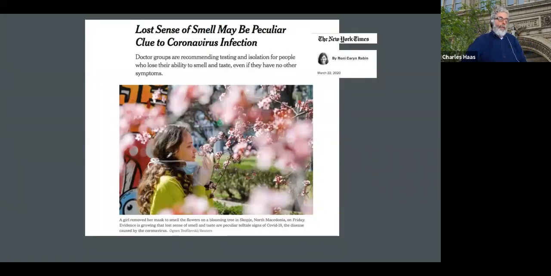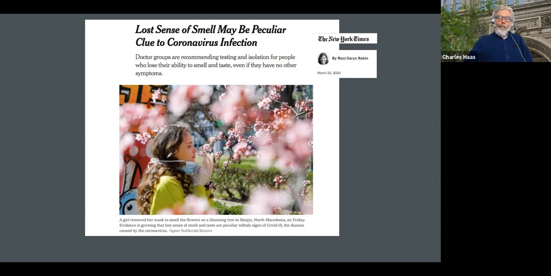One of the early signs of COVID-19 appears to be loss of smell and taste. And the biology of this has not been thoroughly described.